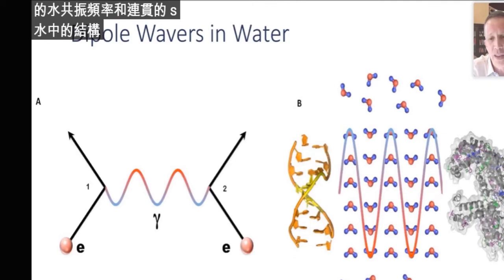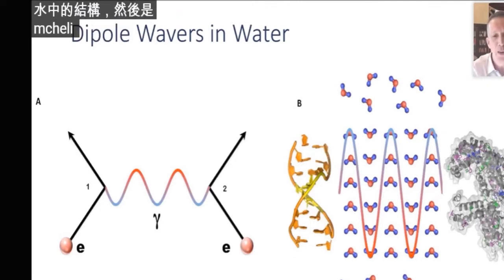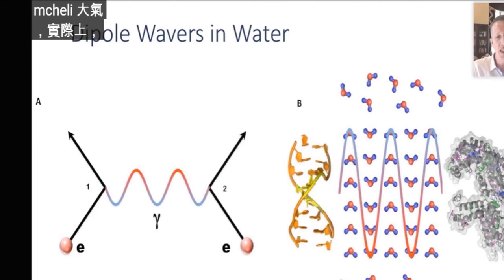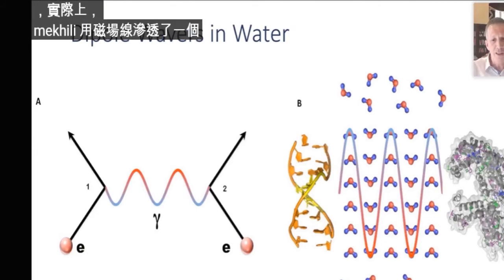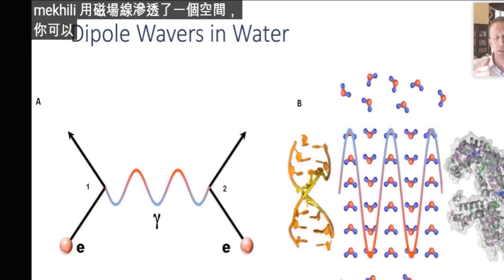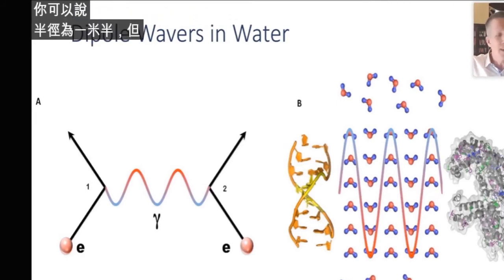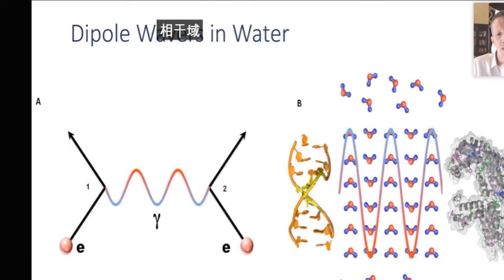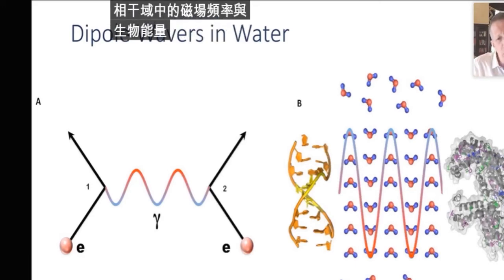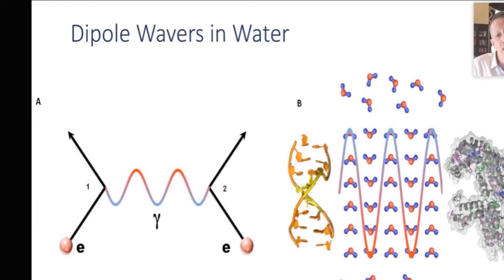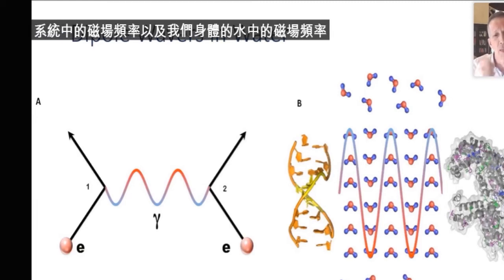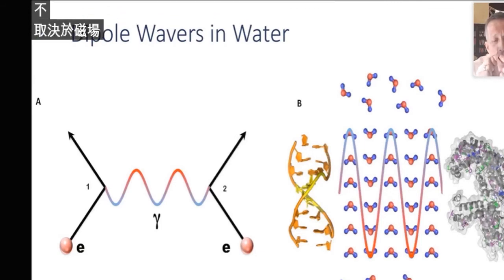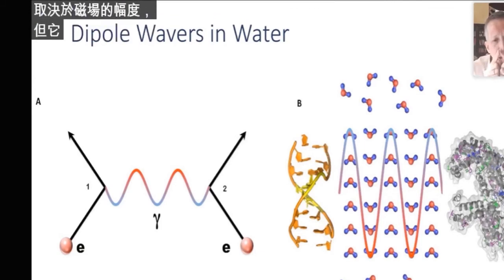structures within the water. And then there is the MEG Healy atmosphere, where the MEG Healy actually permeates the space with the magnetic field lines. You can say there's a radius of 1.5 meters, but it doesn't really stop there, because the resonance of the magnetic field frequencies within the coherent domains, in the bioenergetic system within the water of our body, doesn't depend on the amplitude of the magnetic field, but it really depends on the resonance frequency and on the phase.